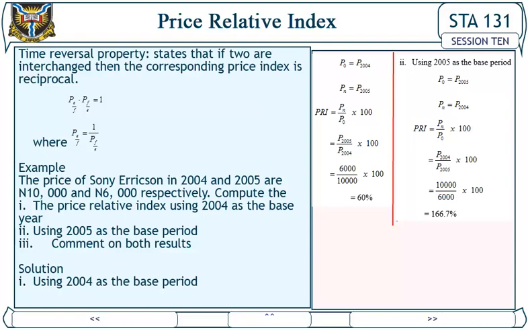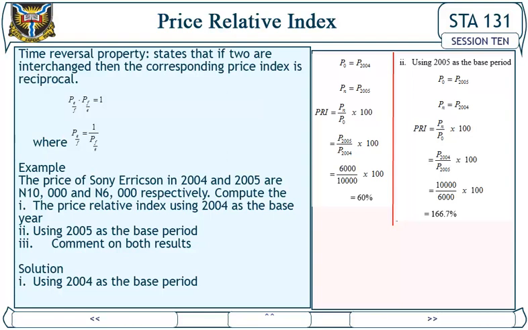Solution 1. Using 2004 as the base period, P0 is equal to P2004, Pn is equal to P2005, PRI is equal to 60%. 2.